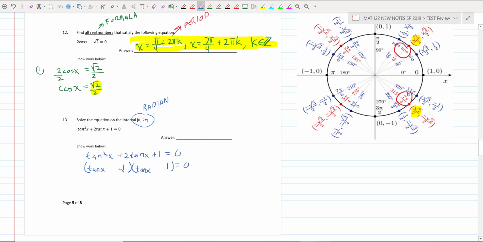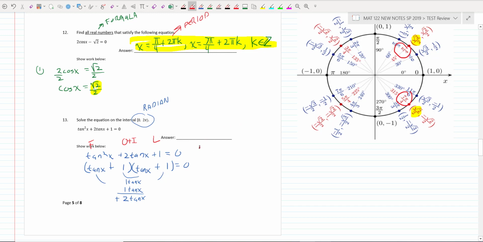The inner term is 1 tan x, the outer term is another 1 tangent x, and we want those to add up to 2 tangent x, so we have two plus signs. When factoring a trinomial, the first term is the tan and tan, the last term is the 1 and 1, and the 2 tangent is the outer and inner added together.